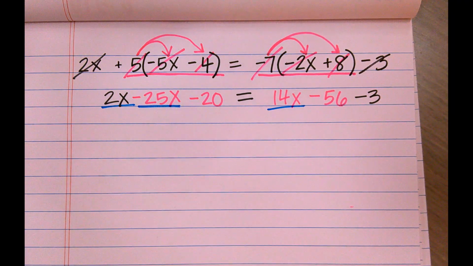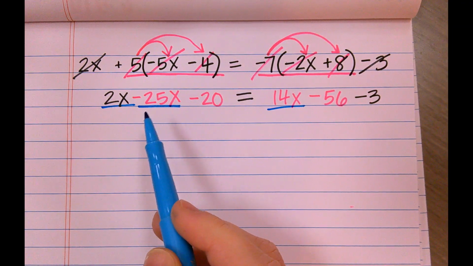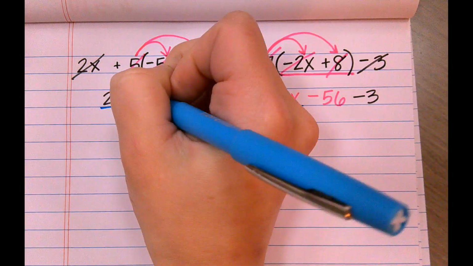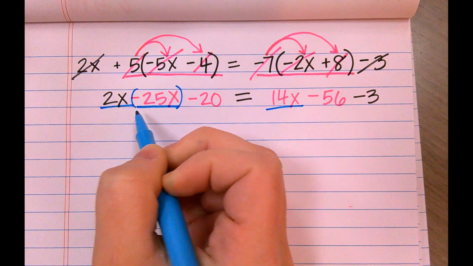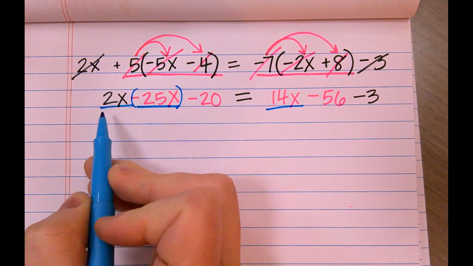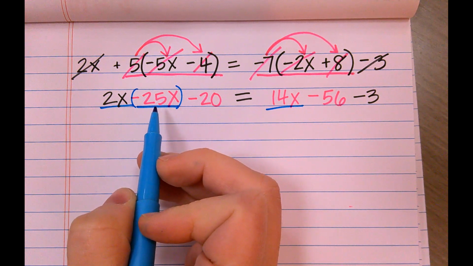So we only do the opposite if it's on opposite sides. Since it's negative 25, you might think to switch it to add 25. But this is like a minus sign. So we can either think of this as 2x minus 25x or 2x plus negative 25x.